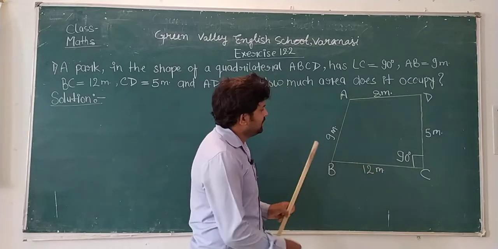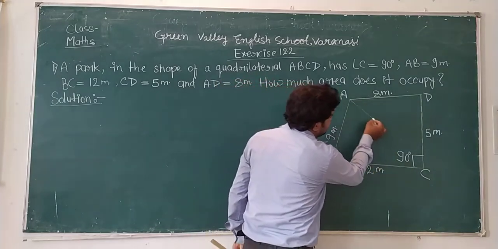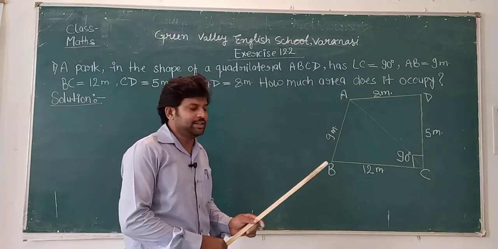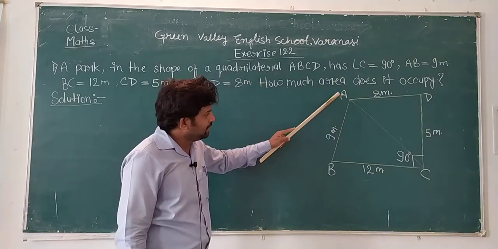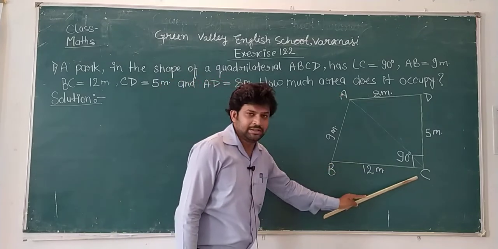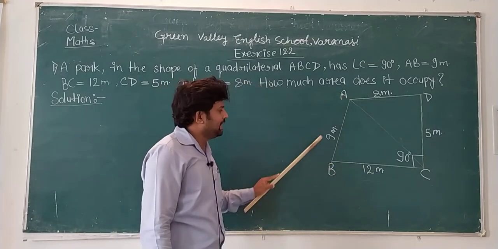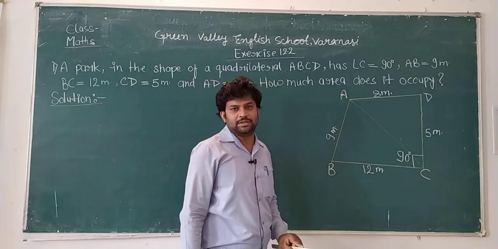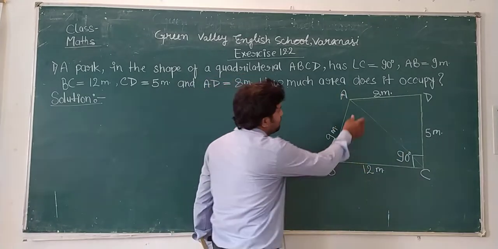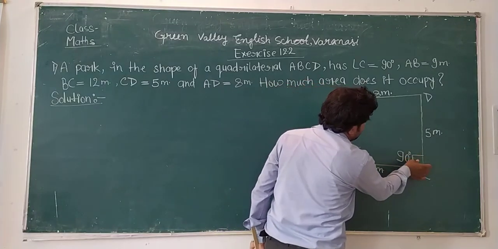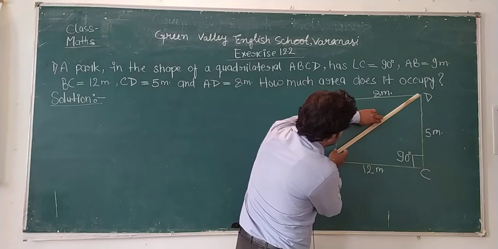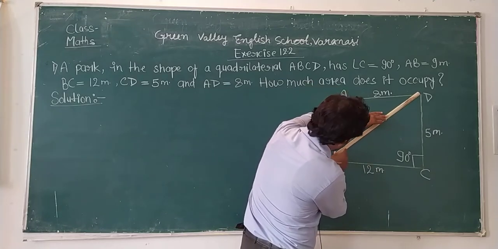But when we draw diagonal AC and take triangle ABC, only the lengths of AB and BC are given, but AC is not given. That's why we draw a diagonal BD.